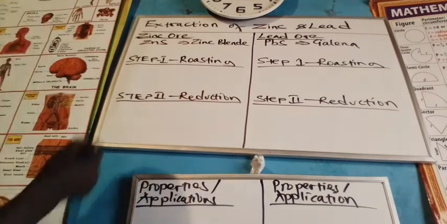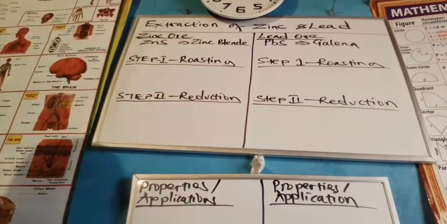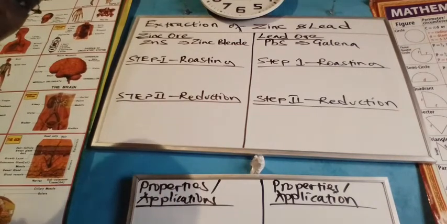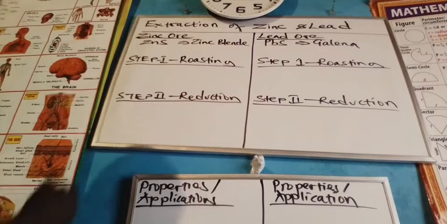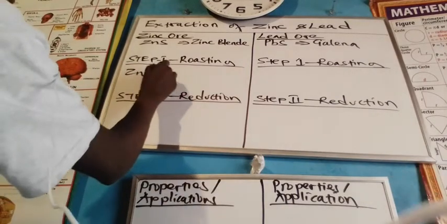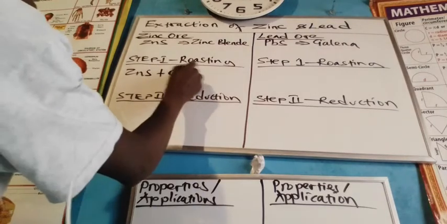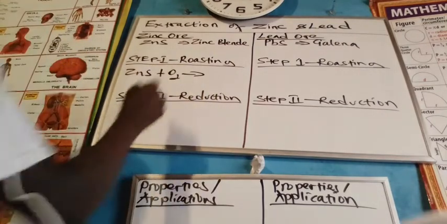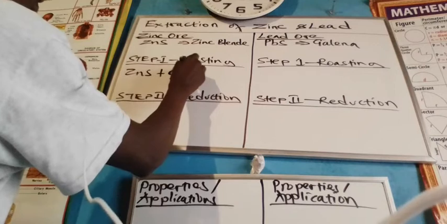Number one, zinc is extracted from zinc blende, and zinc blende is zinc(II) sulfide. When you take zinc sulfide and roast it, it means you're burning it in excess air, at temperatures above 1000 degrees Celsius.